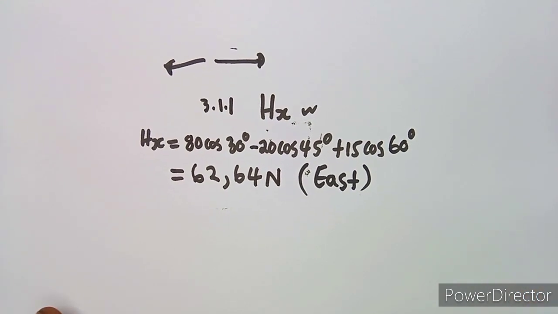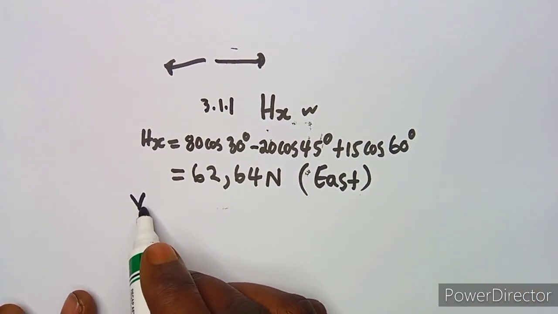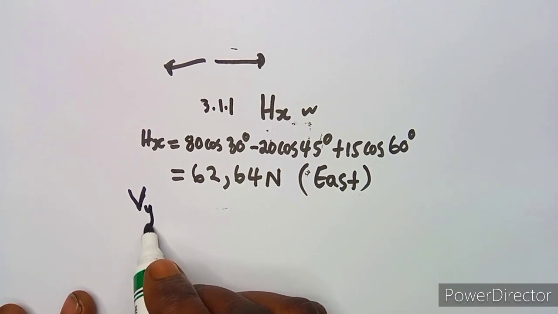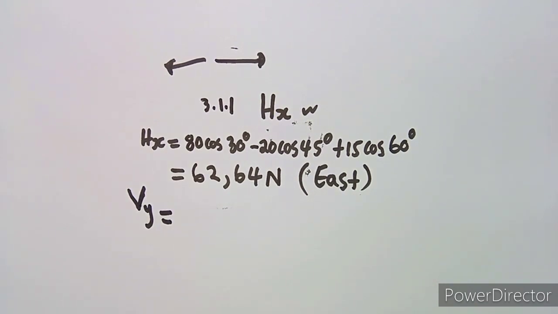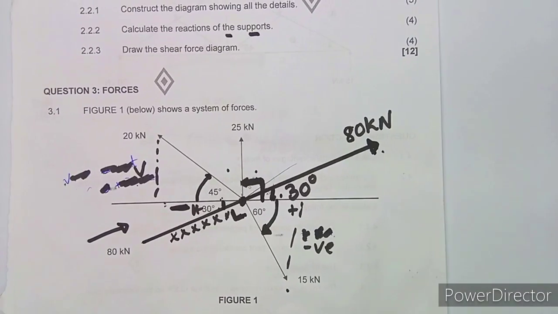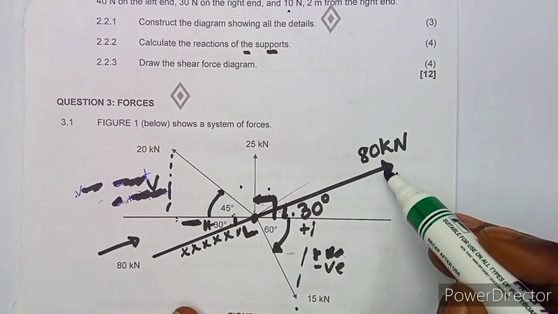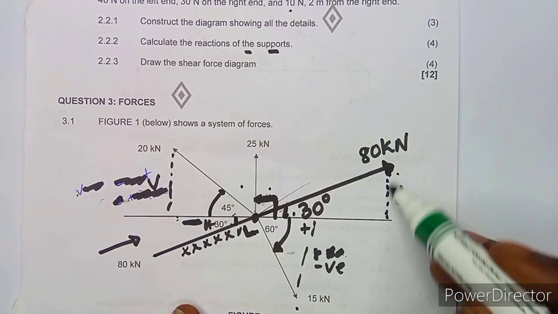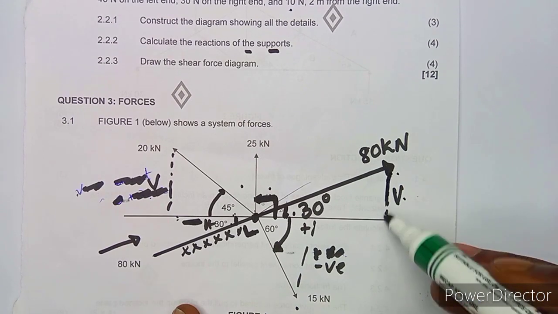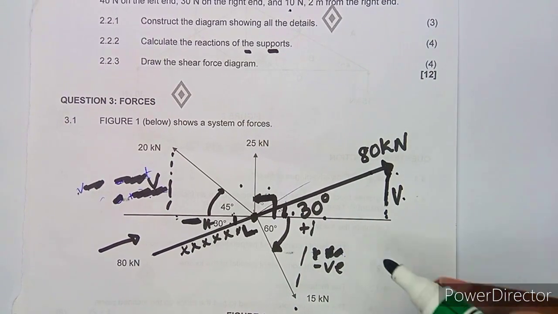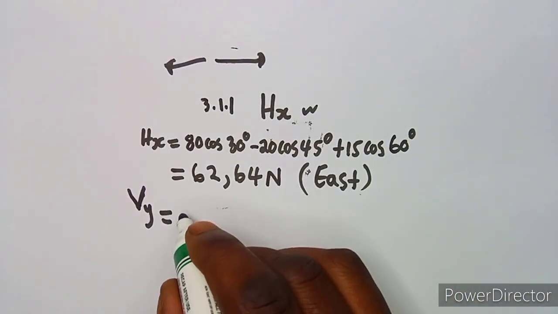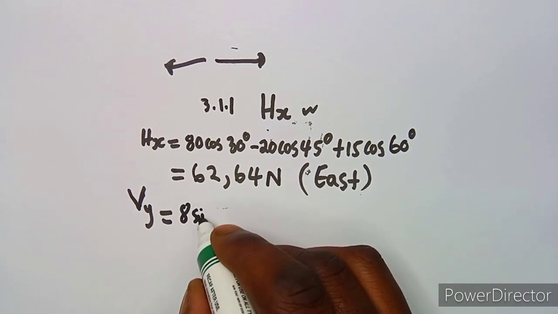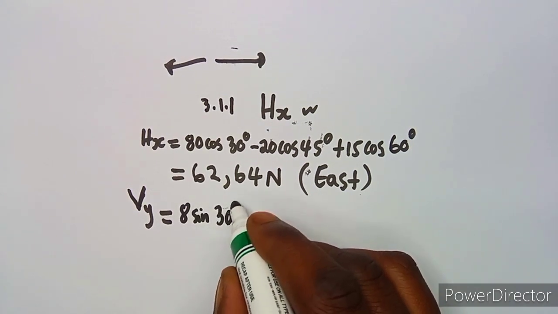Okay, then we need the vertical component. This one works with the y-axis, and we relate back to the diagram. The first one, the vertical component here, is positive because of this quadrant. So it's 80 sine 30 degrees, and it's positive.